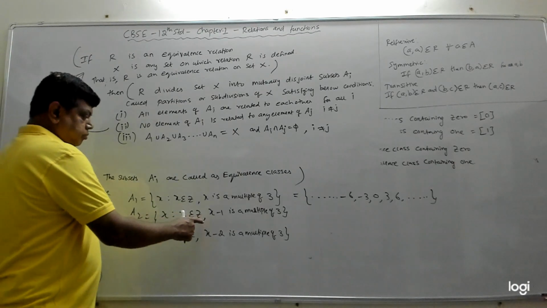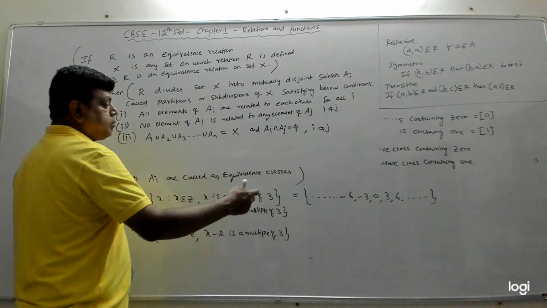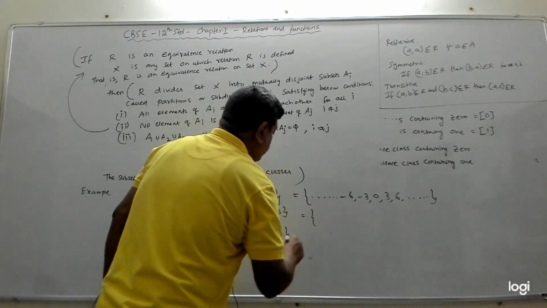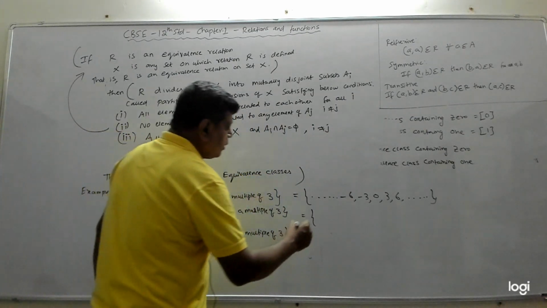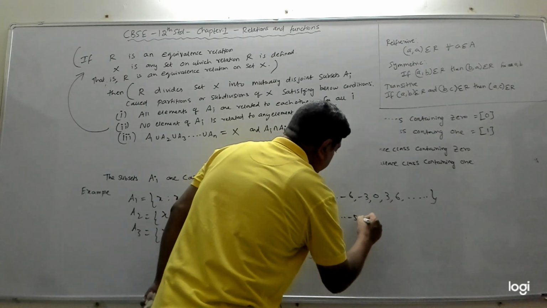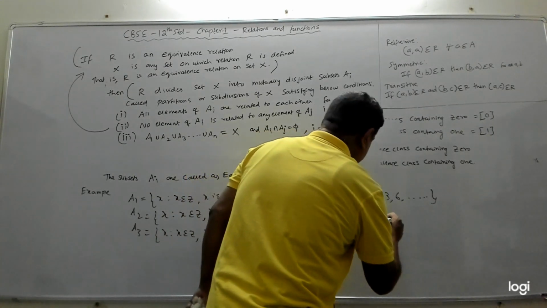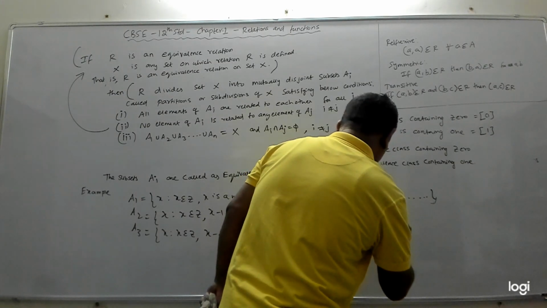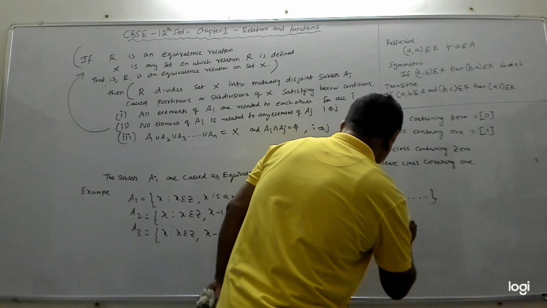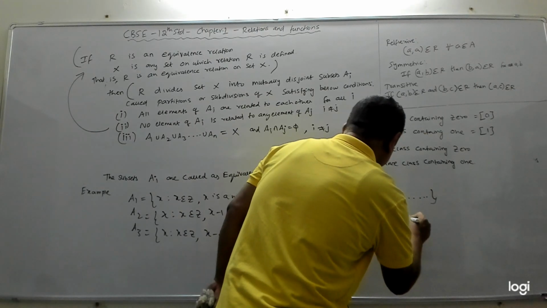And here, X minus 1 should be a multiple of 3, which means you will have minus 5, minus 2, 1, then 4, 7, and so on.